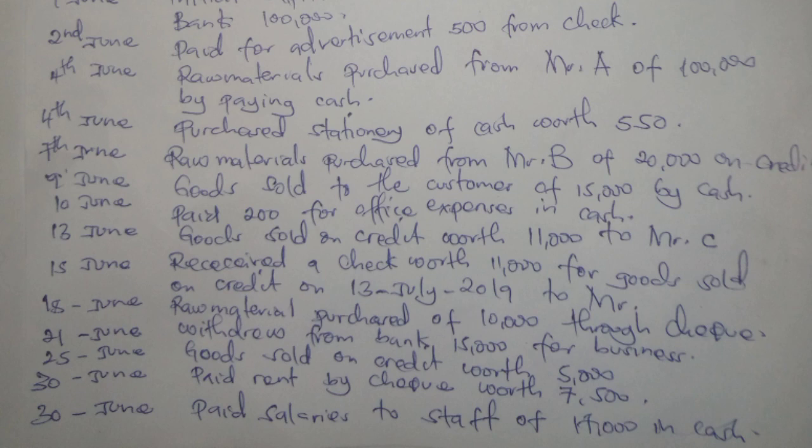Then another transaction is on 15th June, received a check worth 11,000 for goods sold on credit. So here we are receiving money for goods sold on credit, so we shall record that. Received a check worth 11,000 for goods sold on credit to Mr. C. So we can just record it as receivables.